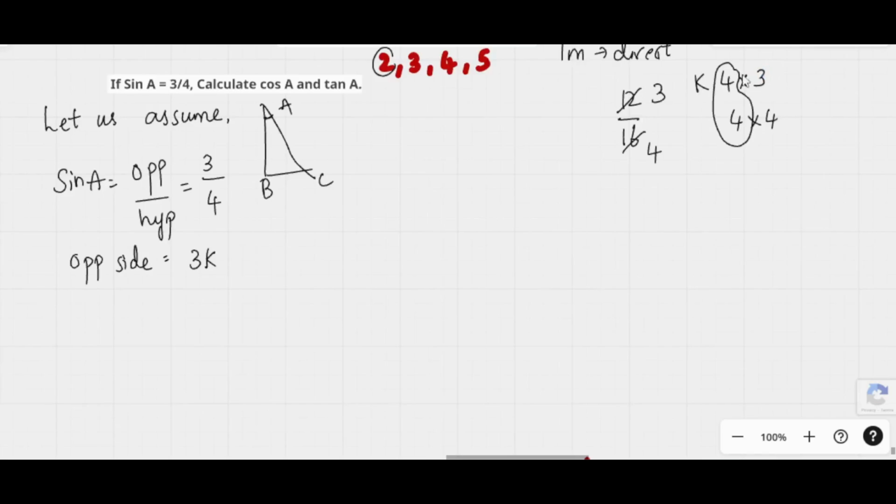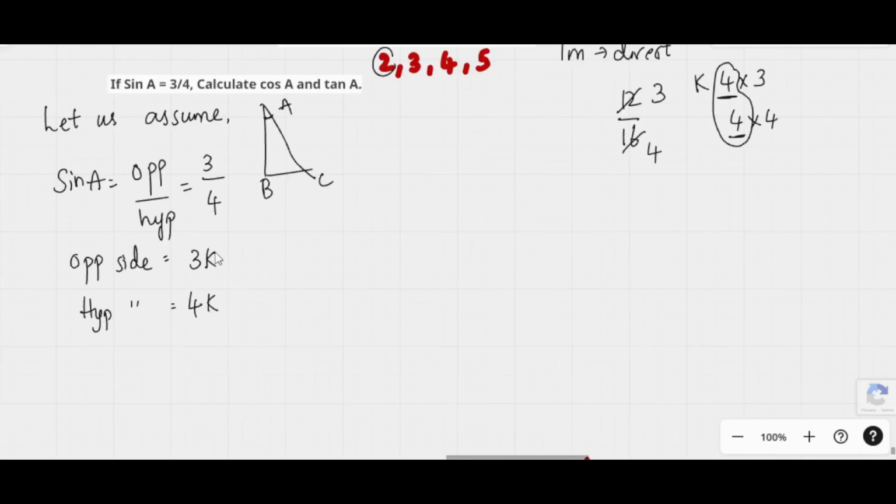If I multiply 3 with the constant k, then only I'll get 12, and if I multiply 4 with the constant, then only I'll get 16. So now we are seeing 3 by 4, but we don't know the real answer. This 3 has to be multiplied with some constant, so we multiply 3 with k, and I'm also assuming the hypotenuse will be 4k. That k will be common; it might be any other number.